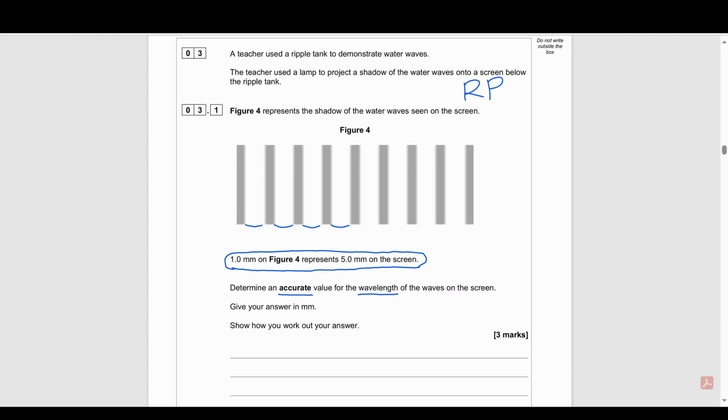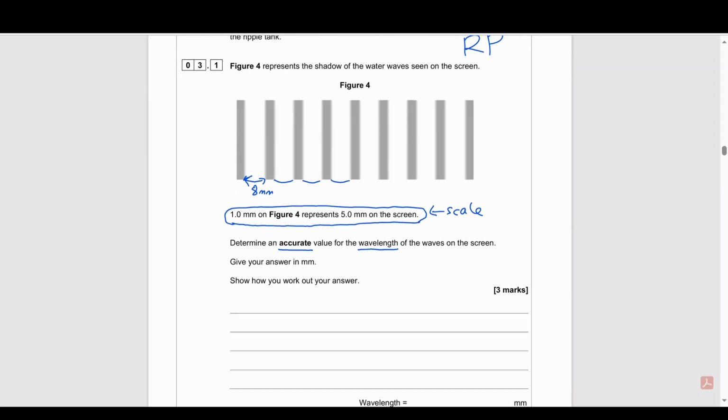So that will require us to measure this distance between the two waves. Once we do that, this sentence is really just giving us a scale to reference. So if we were to measure it, and we're just going to use an estimate here, if the gap between the two water waves, our wavelength, was 8 millimeters, we would need to use the scale to find out what it would actually be.